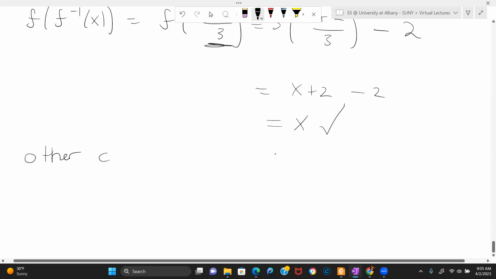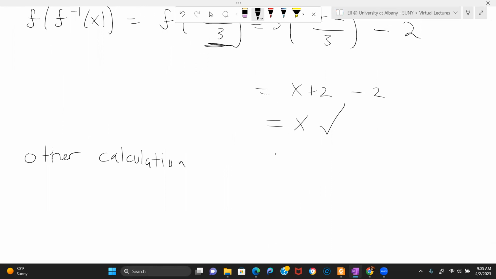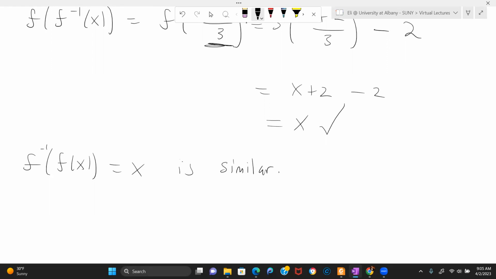I won't do the other calculation, but it's similar. Verifying that f inverse of f of x is equal to x is similar, so I won't go through that. All right, let's see.